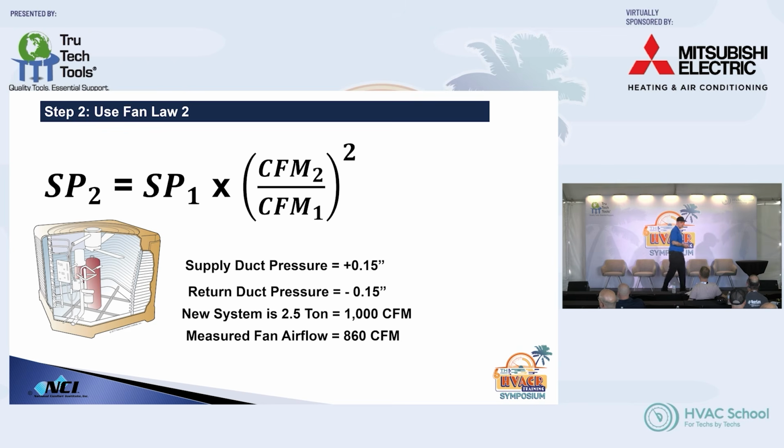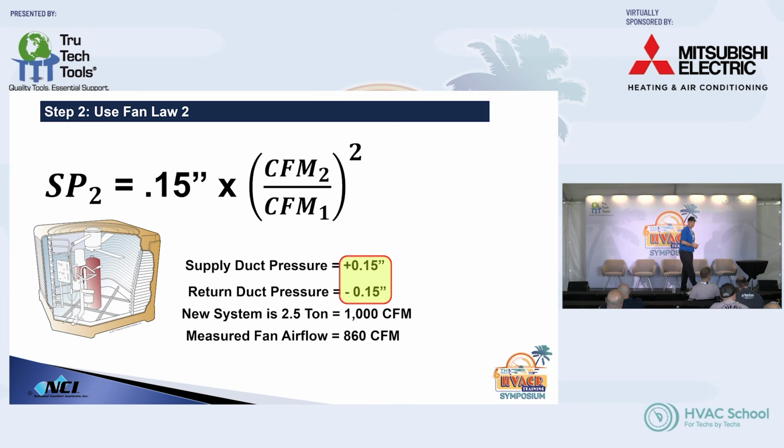So, using fan law 2 in this situation, here are our numbers, right? Our supply duct pressure, our return duct pressure. Magically, we have the same pressure on both sides, which never happens, right? But we want to figure out, step by step, what our duct pressure is.